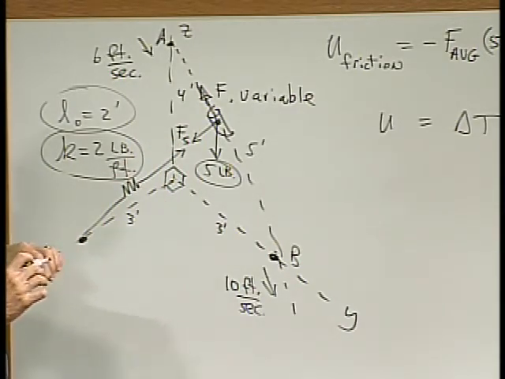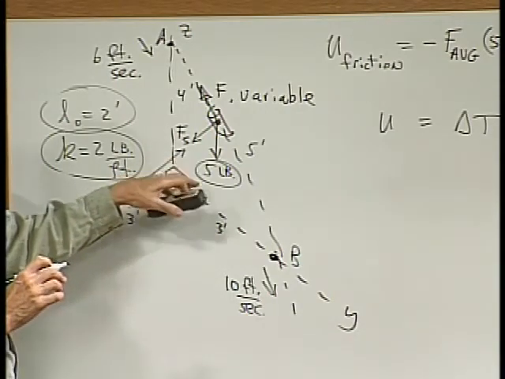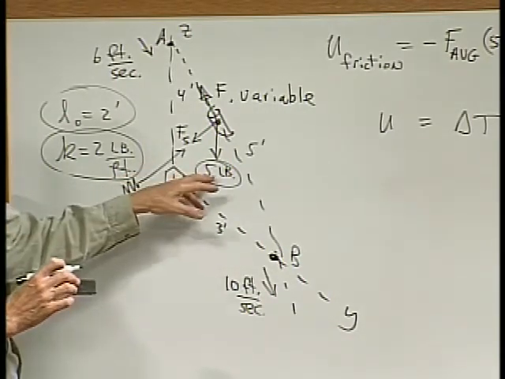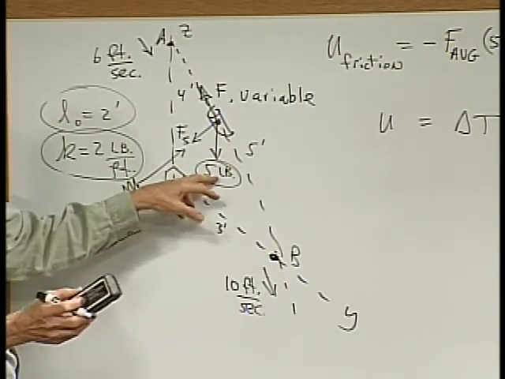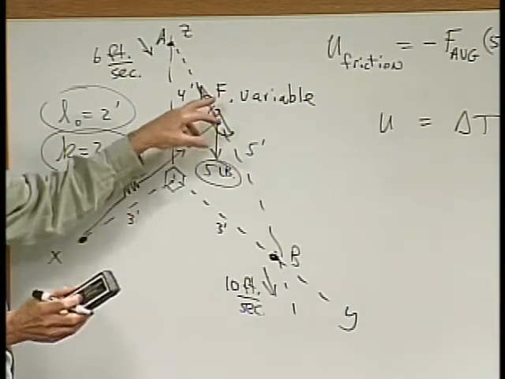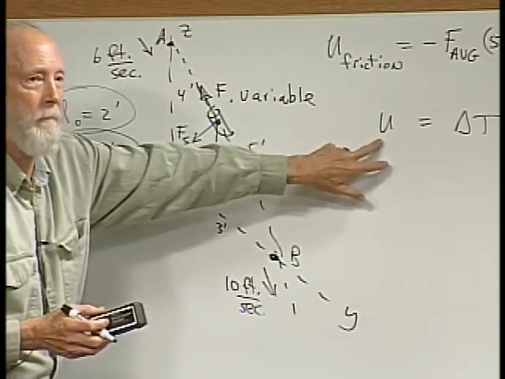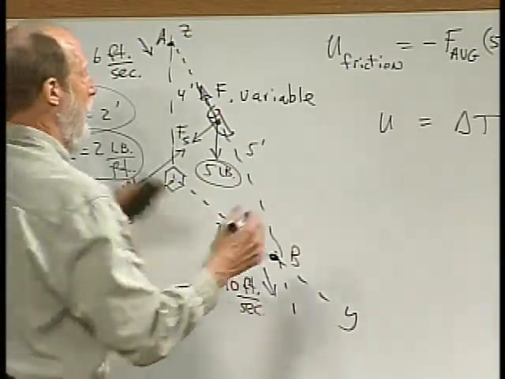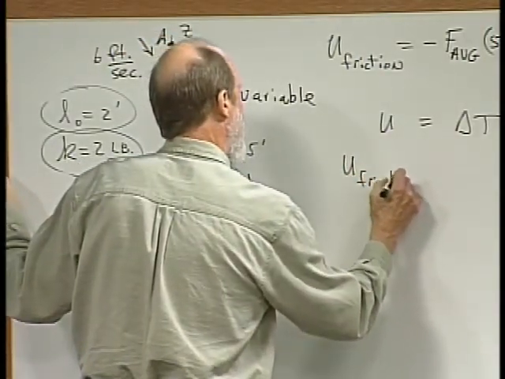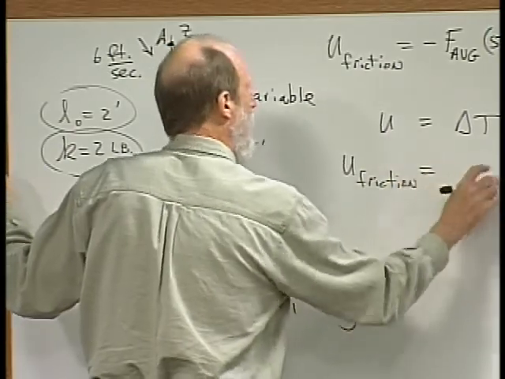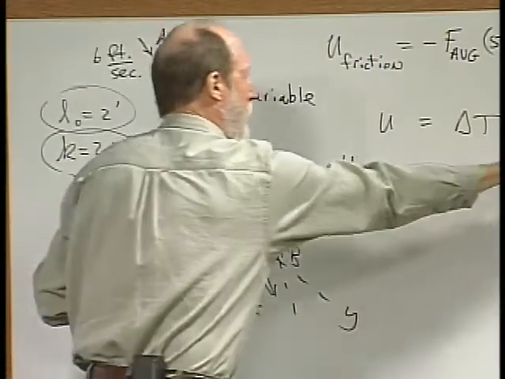Okay, so the only active forces other than gravity and the spring effects is due to this friction. So that's what's embodied in this work here. The work done due to friction is going to be equal to the change in the dynamical energy.